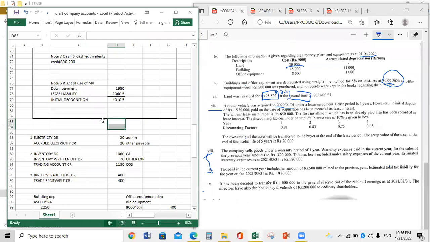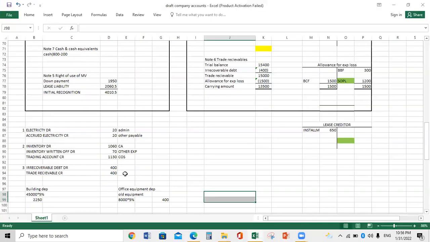As a double entry for this 2,60,500, you debit the right of use and you credit the lease creditor. Right of use, how much? 2,60,500. Make sure you understand the double entries. You debit here, you credit there. Okay?